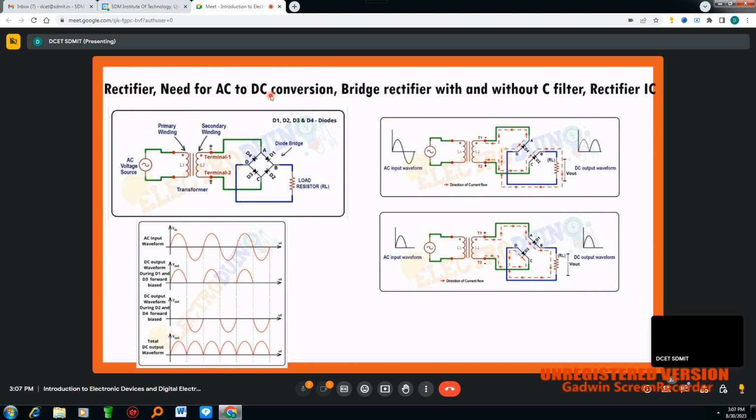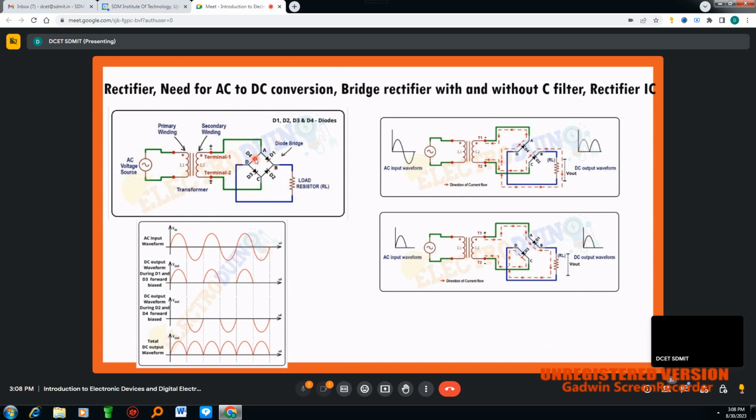That IC works only with a DC power supply, not with AC. So I need to convert the AC power supply to a DC power supply, which means I need a rectifier, and this rectifier is constructed using a bridge rectifier. This is the circuit diagram of a bridge rectifier. The AC power supply that comes to the house, we first use a step down transformer to reduce the voltage. Then we have this rectifier circuit.